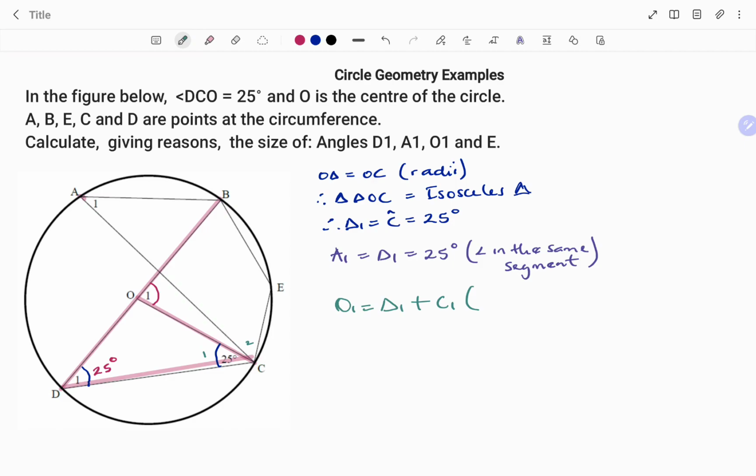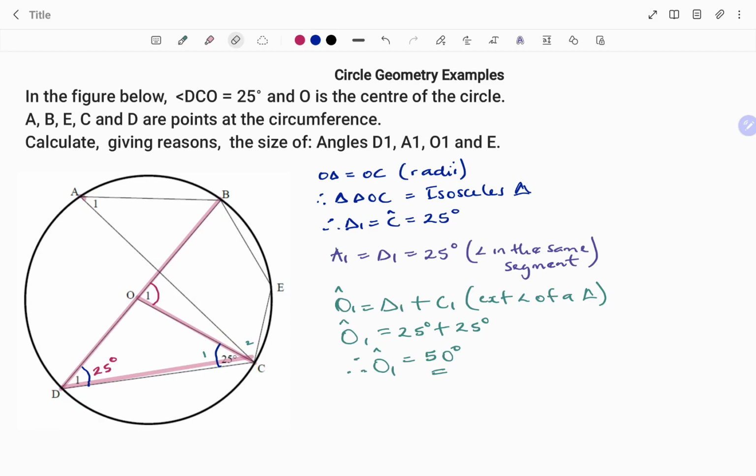The reason being external angle of a triangle. Therefore, my angle O1 equals D1, which is 25 degrees, plus C1, which is also 25 degrees. Therefore, angle O1 equals 25 plus 25, that's 50 degrees.